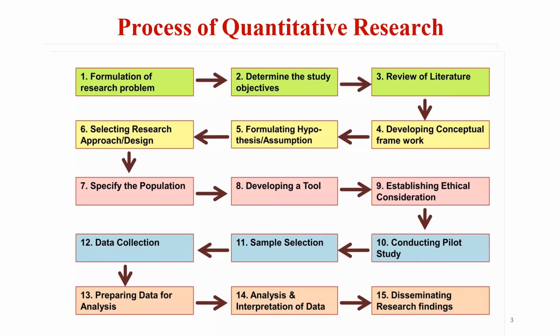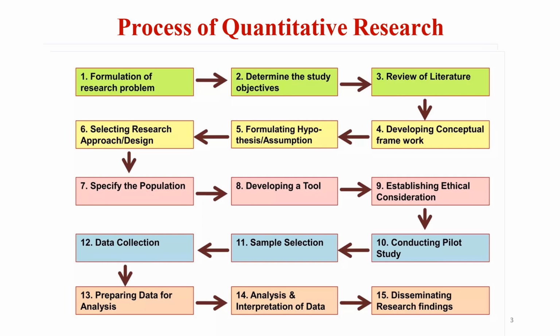If it is two variables, we can go for ANOVA and paired t-test, like that. If it is a multivariate analysis, we can go for regression, correlation, discriminant analysis, cluster analysis, content analysis, based on the objectives of the study. We need to select the analyzing tool accordingly.